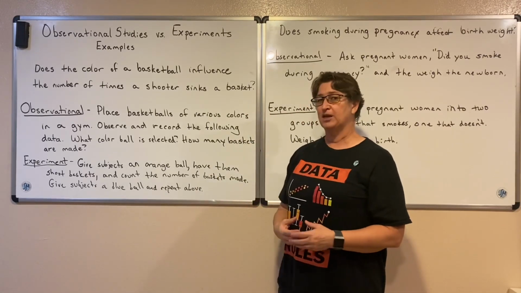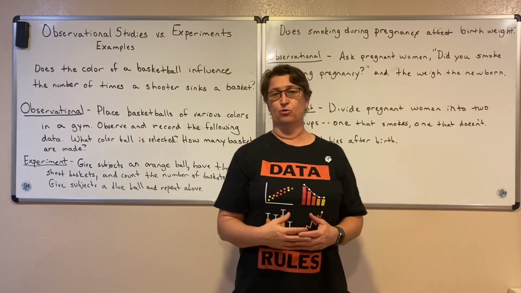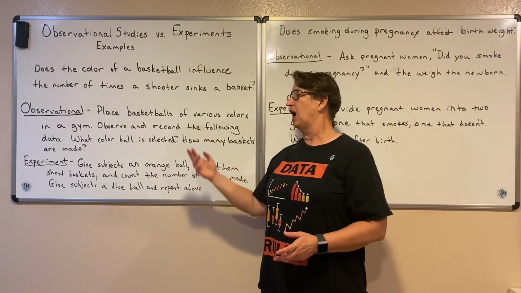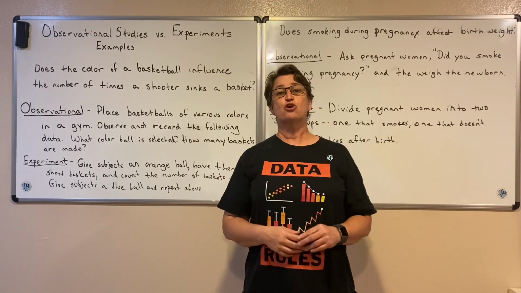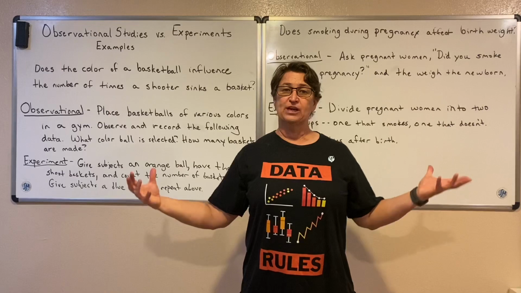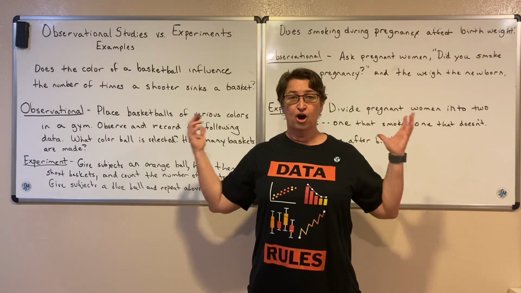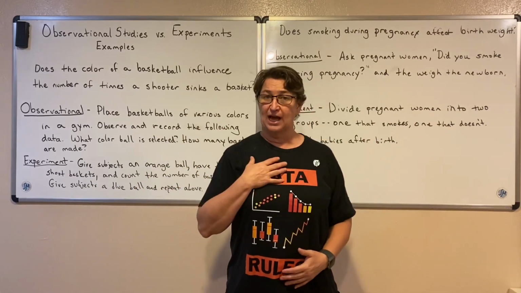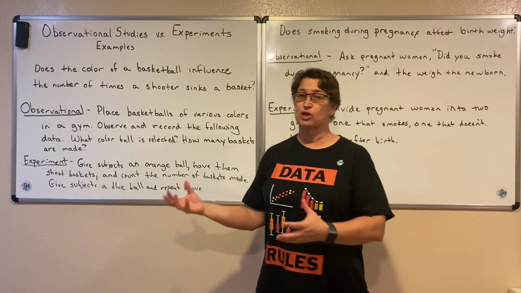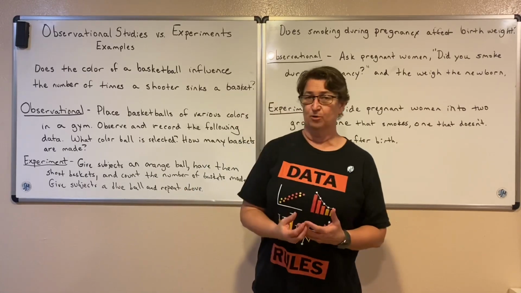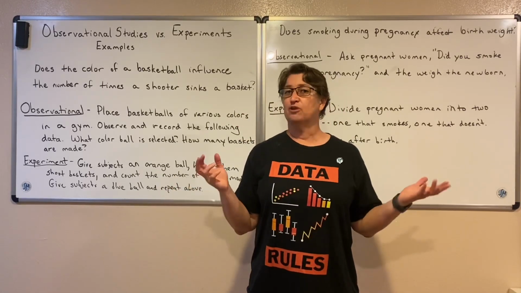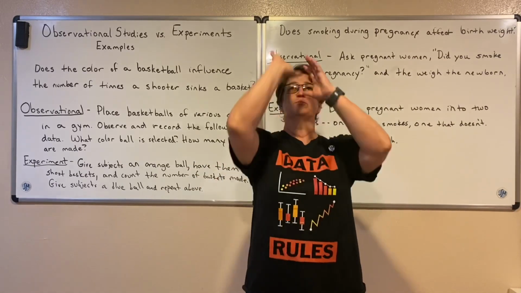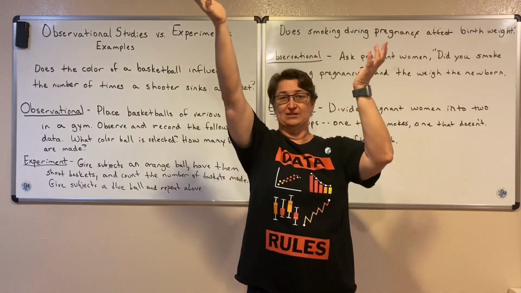If I wanted to be a little more precise though, in this observational study, there could be outside or lurking variables that I've not realized. So maybe everyone who chooses a blue basketball happens to have some vision impairment and it makes it more difficult for them to shoot a basket.